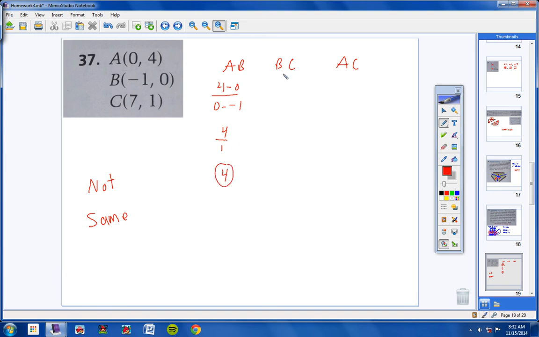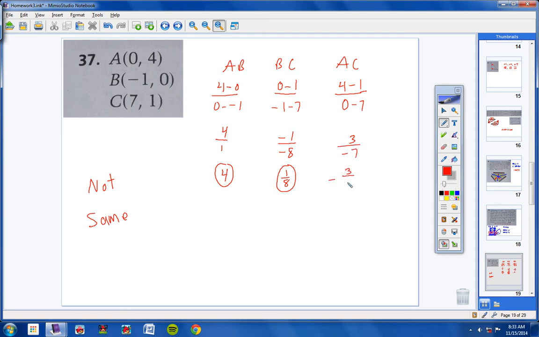Okay, now BC, y minus y, x minus x, and then AC. And so we do not get the same slope.